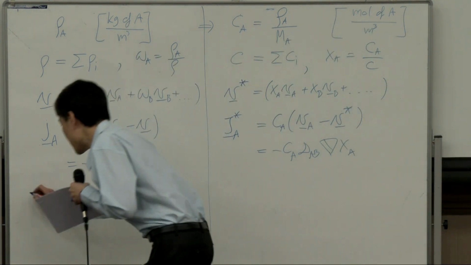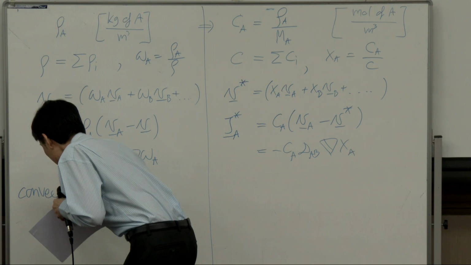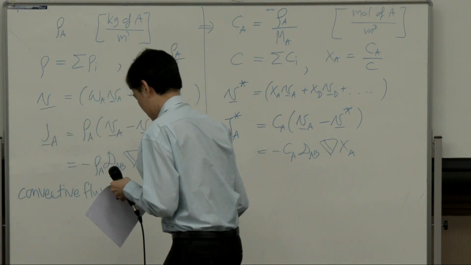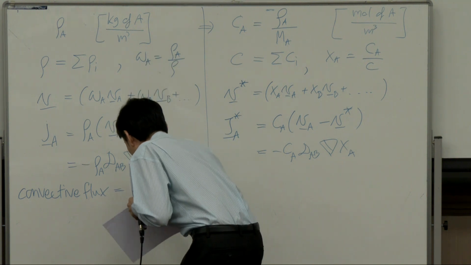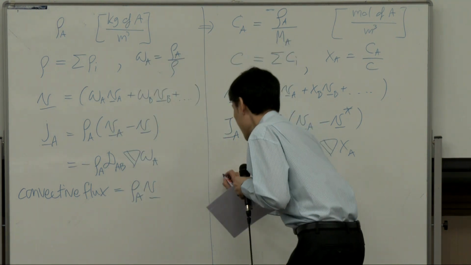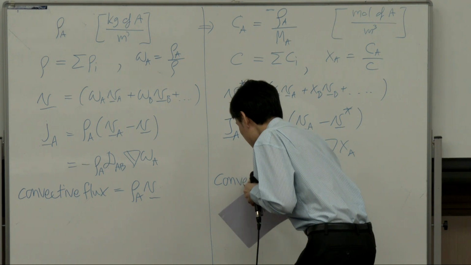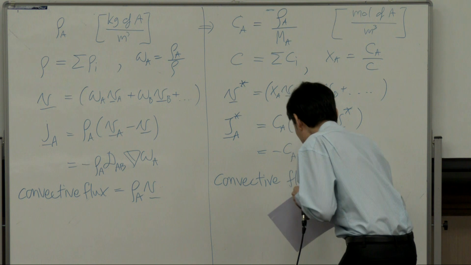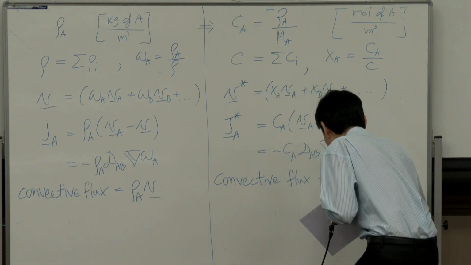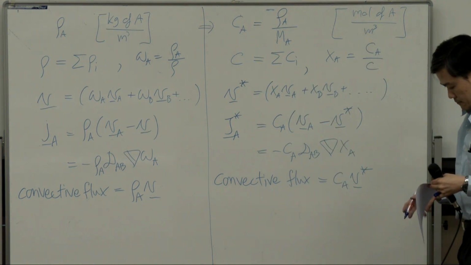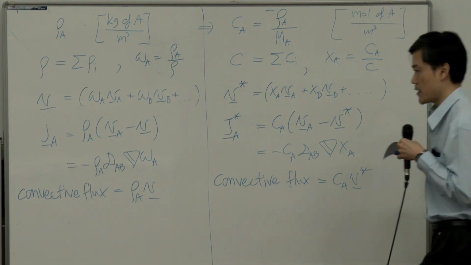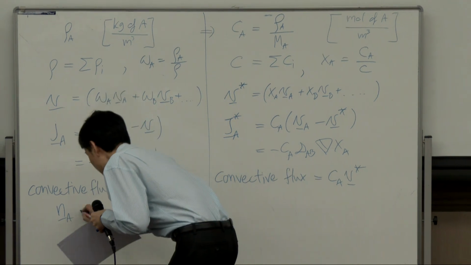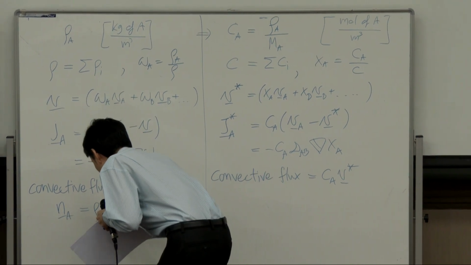So for convective transport, convective flux is rho A V. For molar basis, convective flux would equal CA V star. And then we have combined flux equal to rho A VA.